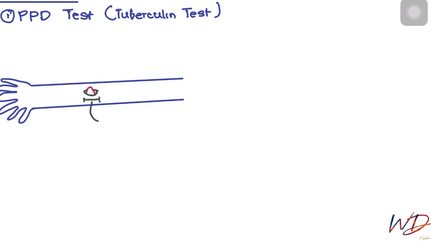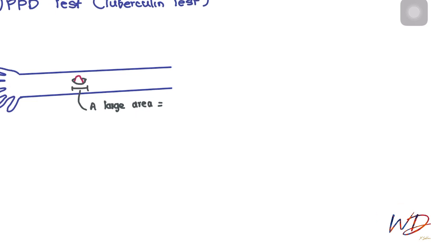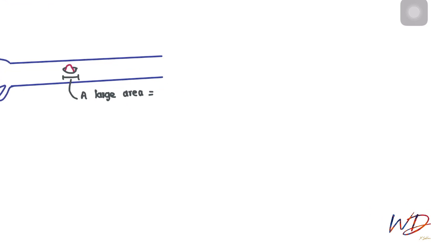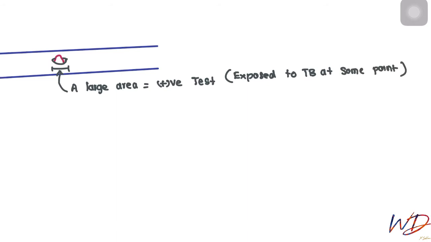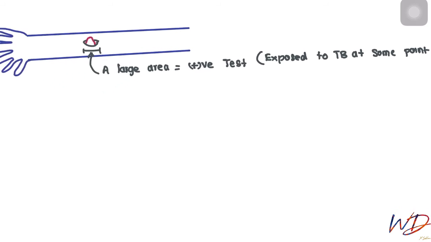If the diameter is a large area, it depends. The value they take depends from country to country. This is called a positive test. That means this patient was exposed to TB at some point, and it will come positive in over 2 billion people in the world.